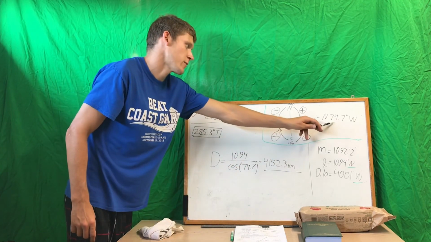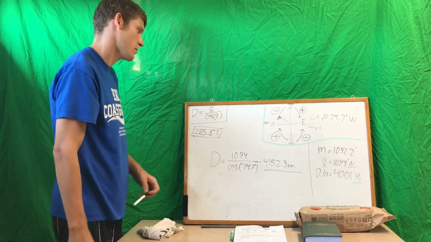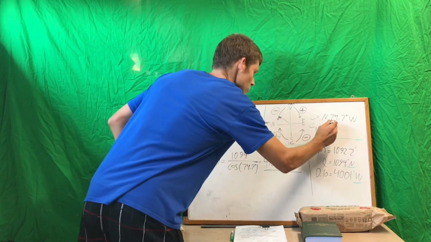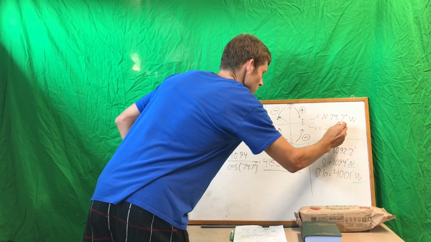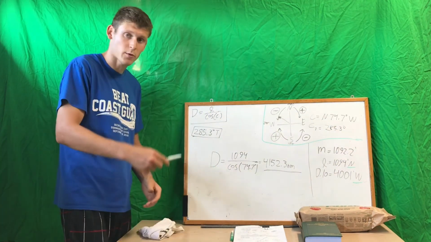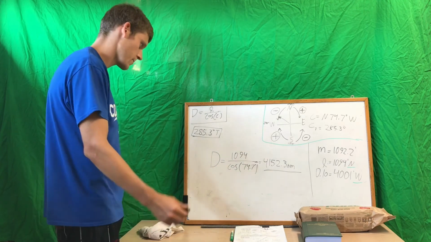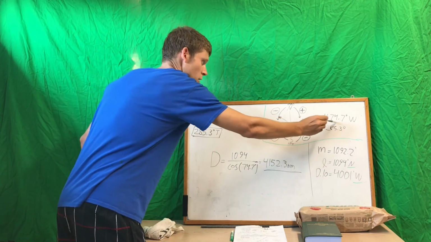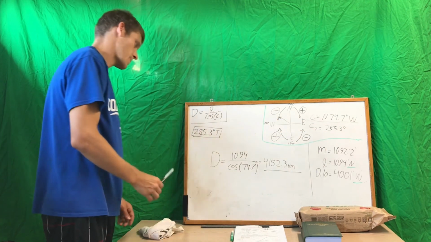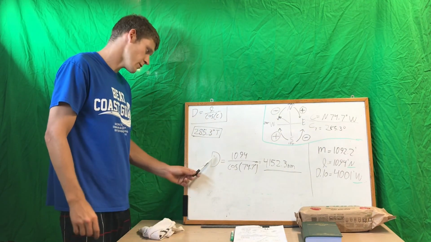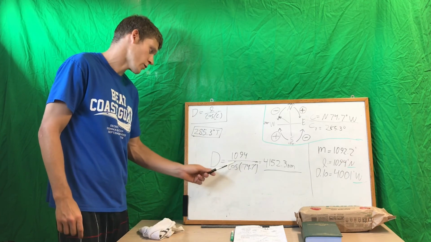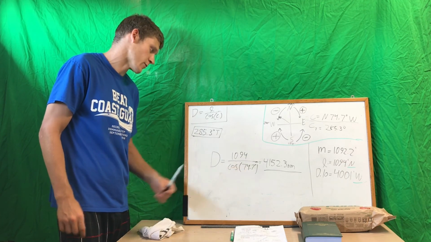Our course was 74.7 degrees, but true course was 285.3 degrees. But when you solve for Mercator Sailing, you're going to use the course with the directions. So our distance equals 1094 divided by cosine 74.7 degrees.